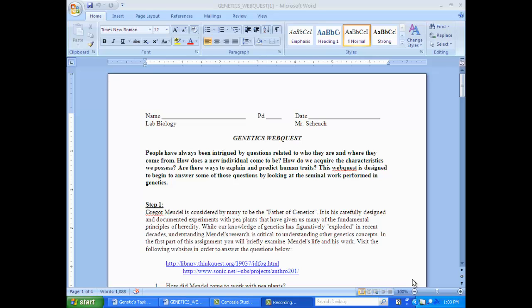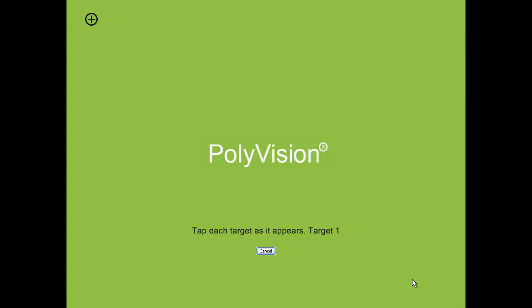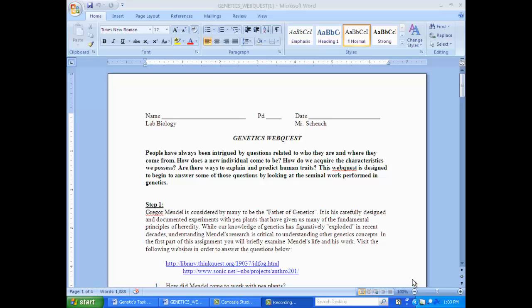So, as far as Gregor Mendel goes, it's going to make me do the green screen. I am not overly concerned if you know exactly how Gregor Mendel did his experiments. I want you to know the basics of who he was, that he used pea plants. I want you to know a few reasons why he used pea plants, why pea plants were a good organism to use.